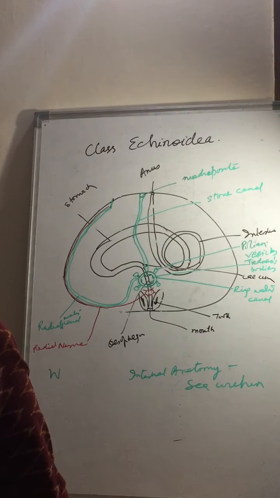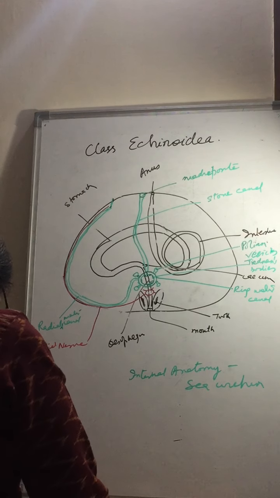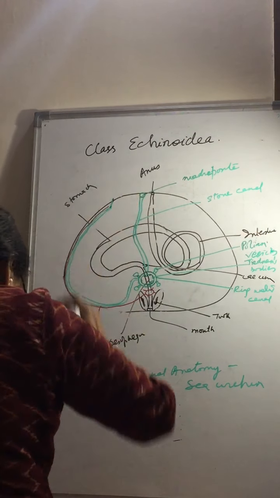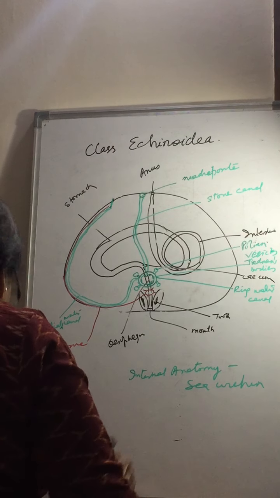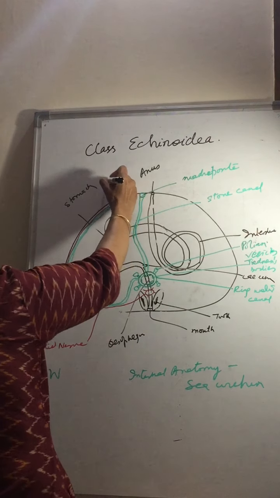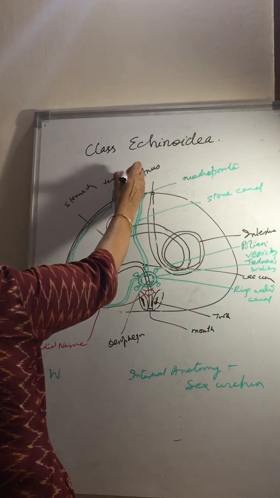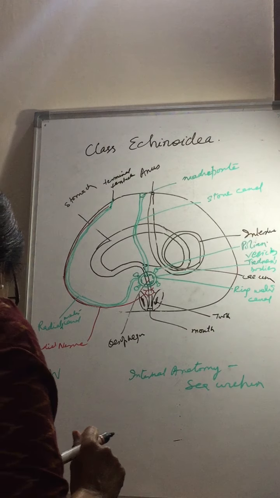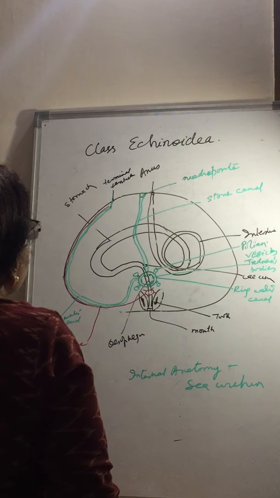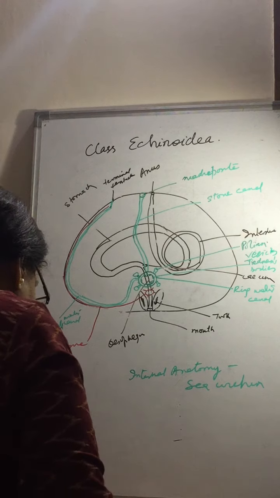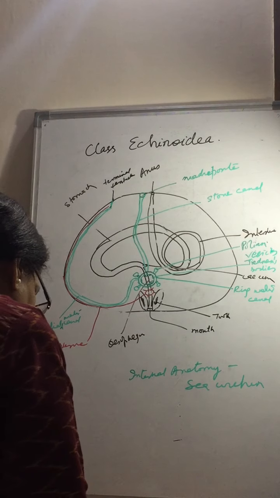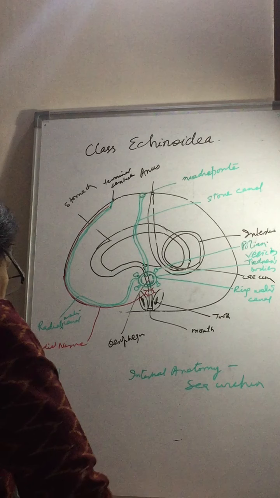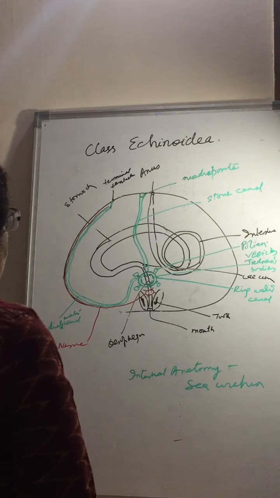Then 5 radial canals extend from the ring canal and run inside the ambulacral areas of the test, and each terminates in the terminal tentacle. Is it okay?